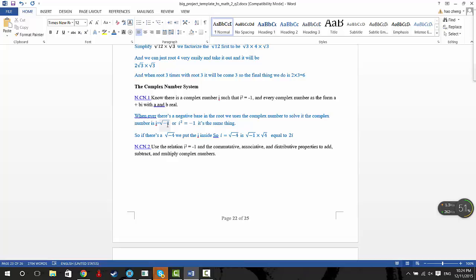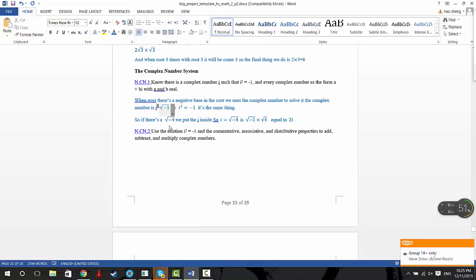You use the complex number to help you solve it. So whenever there's a negative base in the root, we use a complex number to solve it, and the complex number is I equals the square root of -1, or I to the power of 2 equals -1, and it's the same thing.